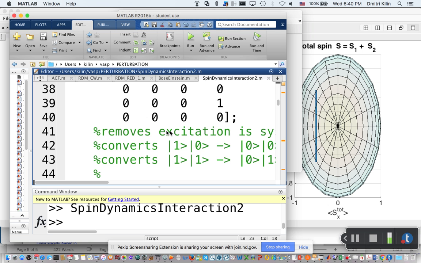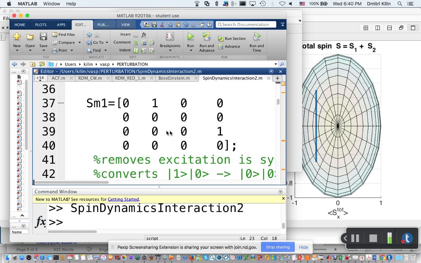Then, if you want to formulate the Hamiltonian, I suggest that we set up operators of creation and annihilation for both of the systems, and these creation and annihilation operators will work this way. If it is an operator, let's say S minus, annihilation for system 1, then for this quadrant, from here to there, it looks like a regular 2 by 2 annihilation.